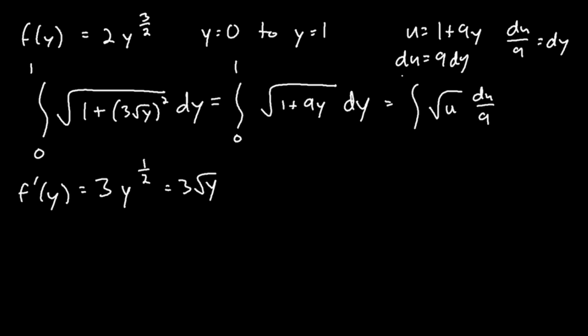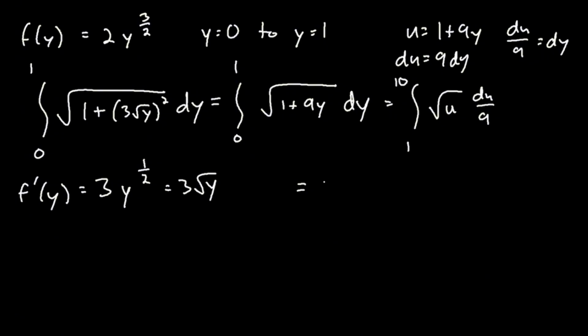To solve for the new bounds in terms of u, we plug in 0 into u equals 1 plus 9y, and you get 1 plus 9 times 0, which is just 1. If you plug in 1, you get 1 plus 9 times 1, which is 10. So this is your new integral in terms of u, with new bounds.